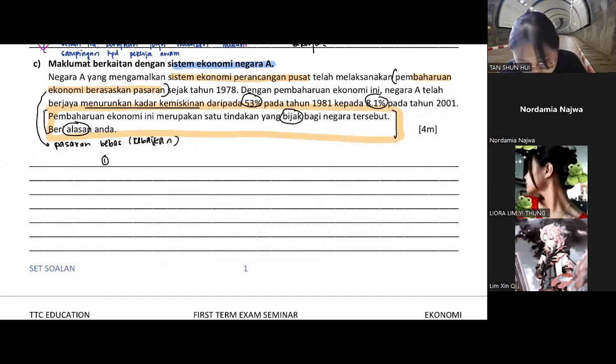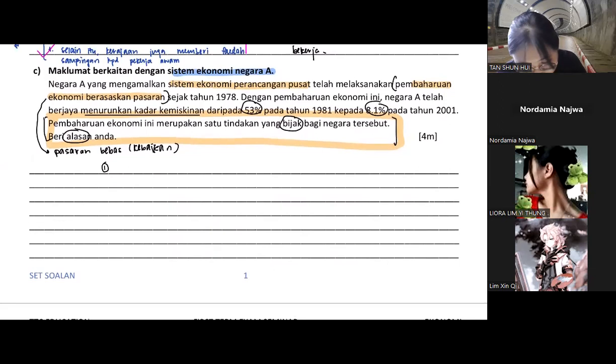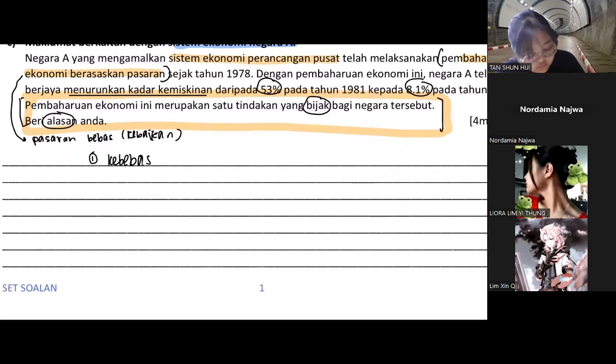Now, so you can say kemiskinan reduces is because, okay, kebebasan, because they have a freedom. Freedom in what? Okay, they have a freedom to do work, start to do business, right? So you can say, because kebebasan yang luas untuk melakukan kegiatan ekonomi.